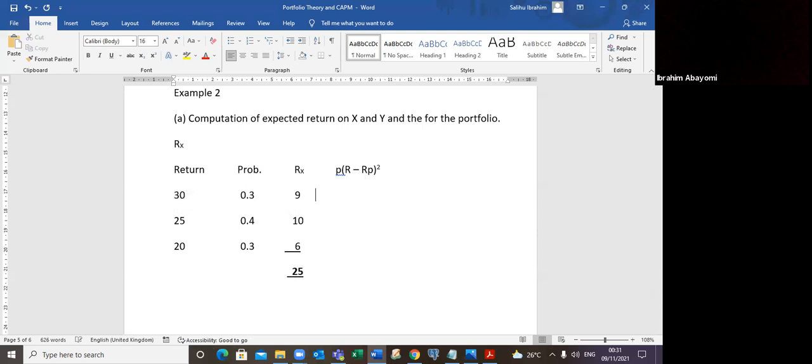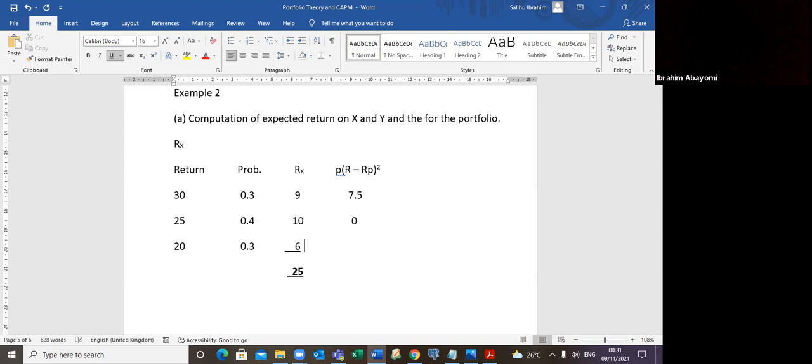We have 7.5. Then the second one, 25 minus 25, that will be 0.